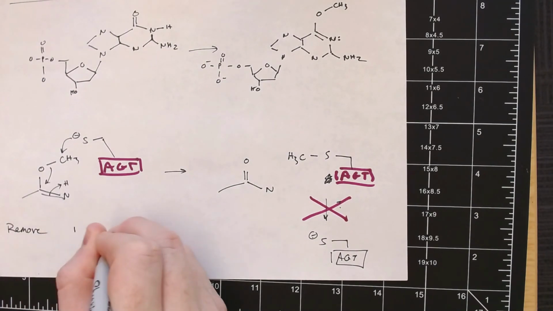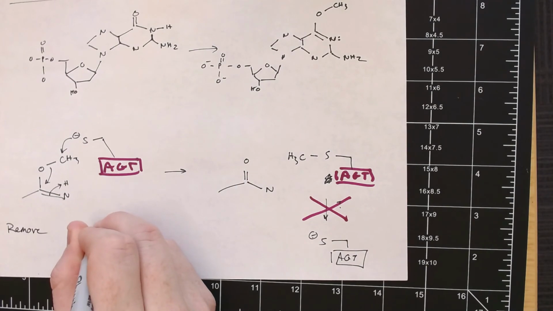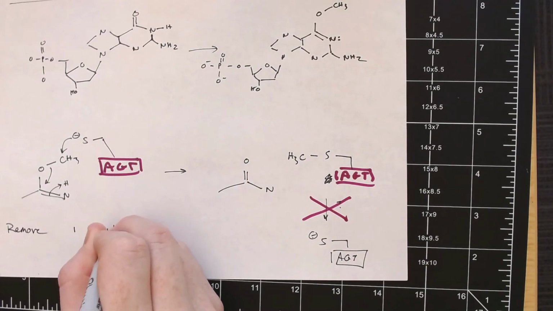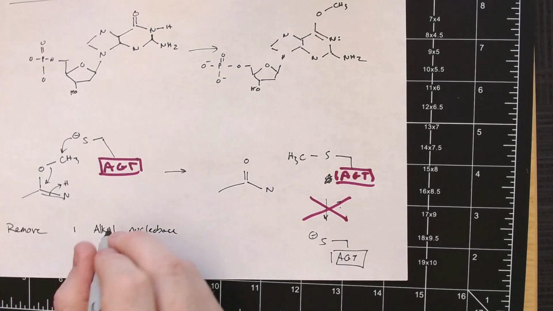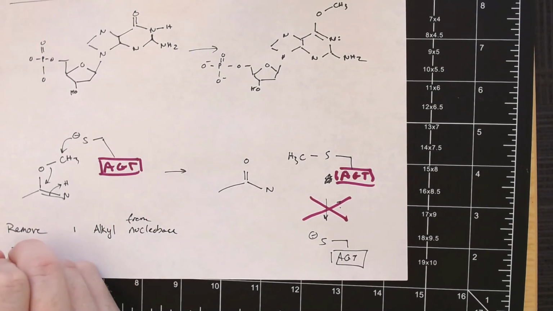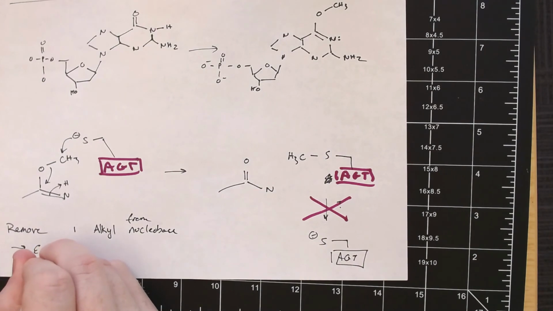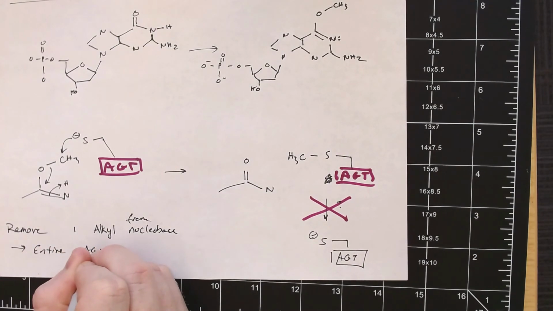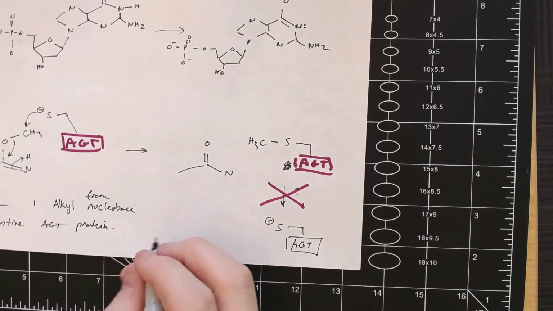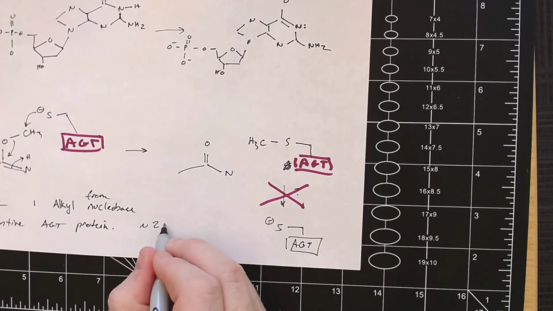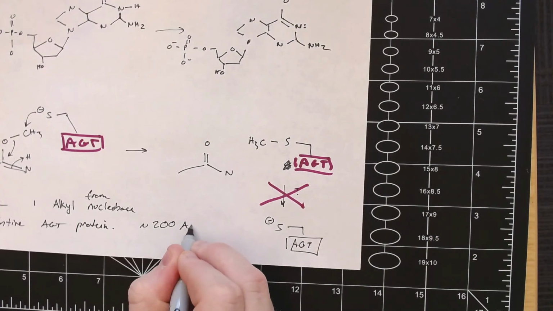And so as a consequence, every time we remove one alkyl group from our nucleobase, it costs us an entire AGT protein. And this protein is approximately 200 amino acids long.